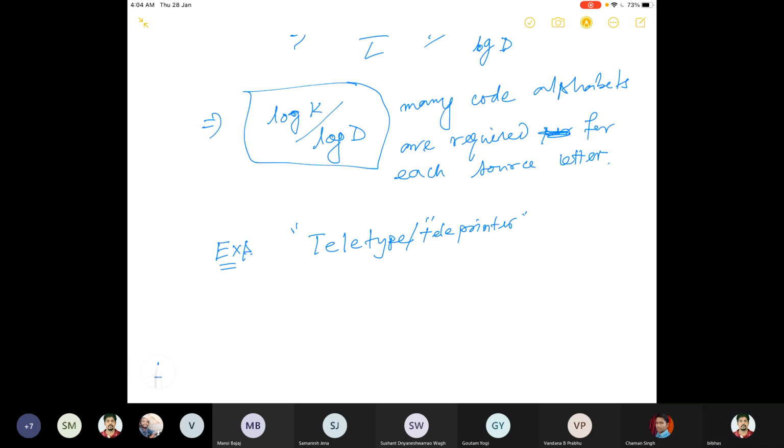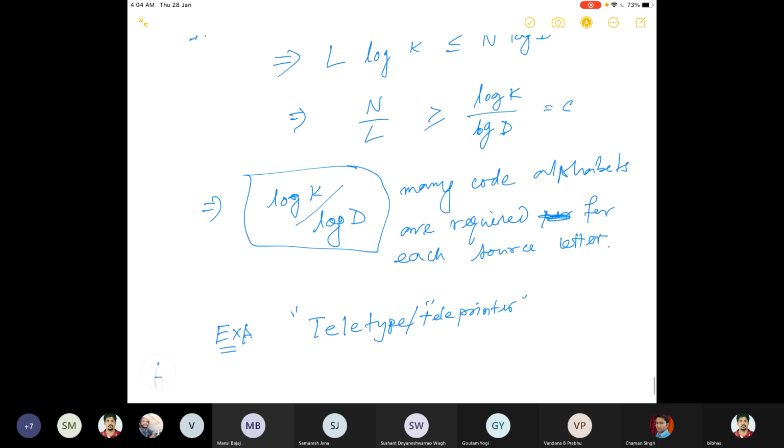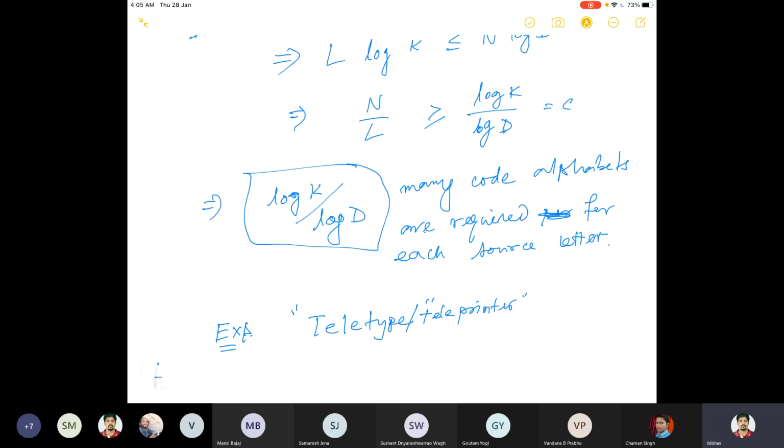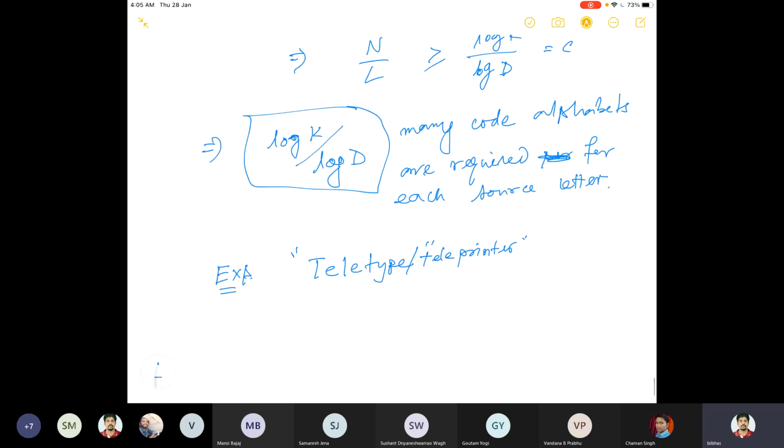Any idea? This comes from the fact that k to the power L is equal to D to the power n. From here we get this. But what will happen if I take less than this?